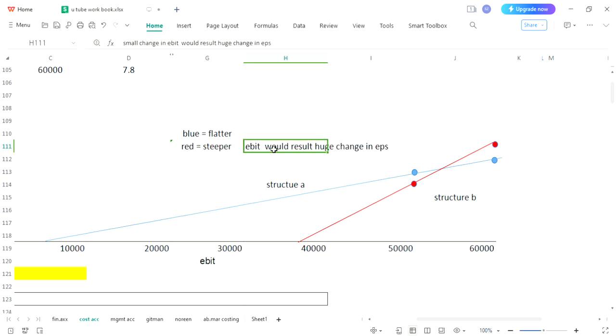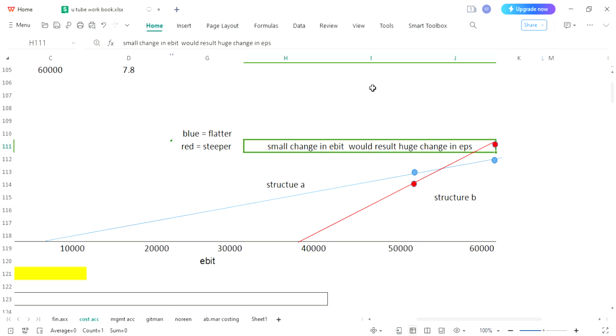So this is our conclusion. When you change your EBIT at a very small level, your EPS will change more as compared to your EBIT. Change in EPS would be more than change in your EBIT.